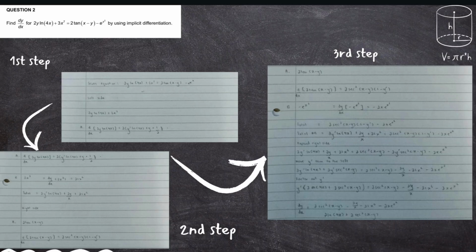Then move y prime to the left, so 2y prime ln 4x plus 2y prime sec squared of 2x minus y equals 2 sec squared of 2x minus y minus 2y over x minus 21x to the power 6 minus 2x e to the power x squared. Then factor out y prime. The final answer is dy over dx equals 2 sec squared of 2x minus y minus 2y over x minus 21x to the power 6 minus 2x e to the power x squared, all over 2 ln 4x plus 2 sec squared of 2x minus y.